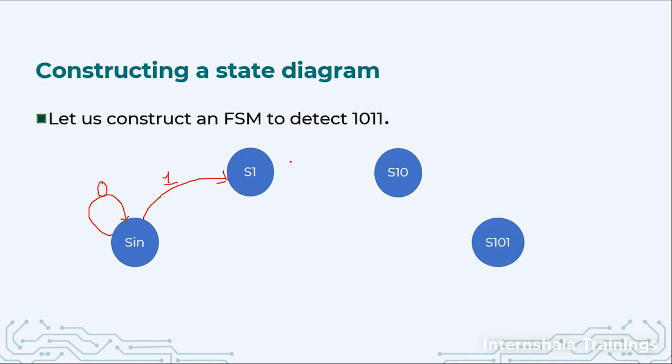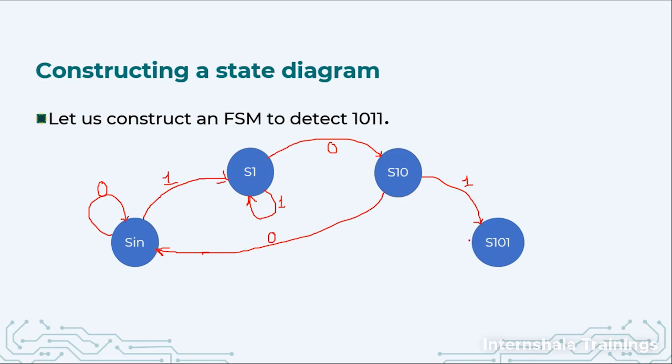From S1, if my input is 1, we are going to traverse back to S1, and if the input is 0, then we go to S10. From S10, if the input is 1, then we go to S101. But if the input is 0, that means we are going to S initial.